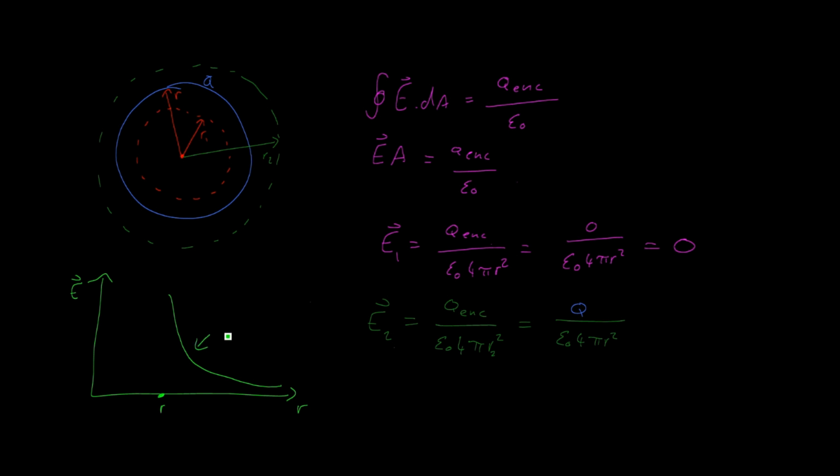Now this curve is proportional to 1 over r squared, hence the inverse square law, which we see in an awful lot of things in nature, whether it be charge or gravity or anything. An awful lot of things obey the inverse square law.